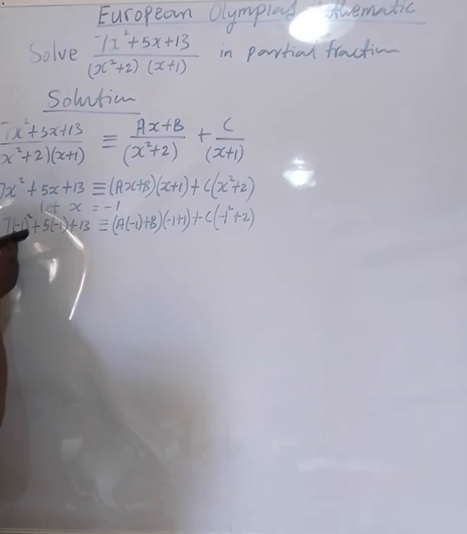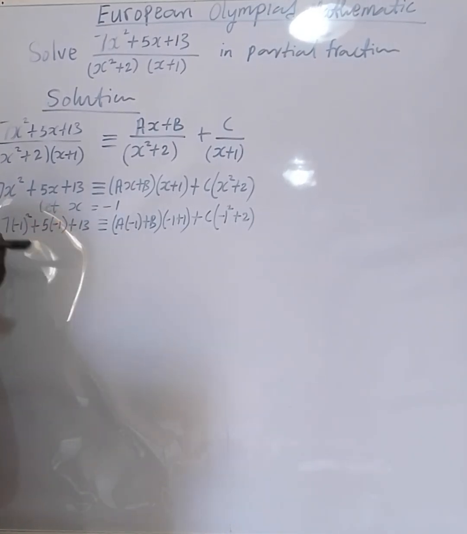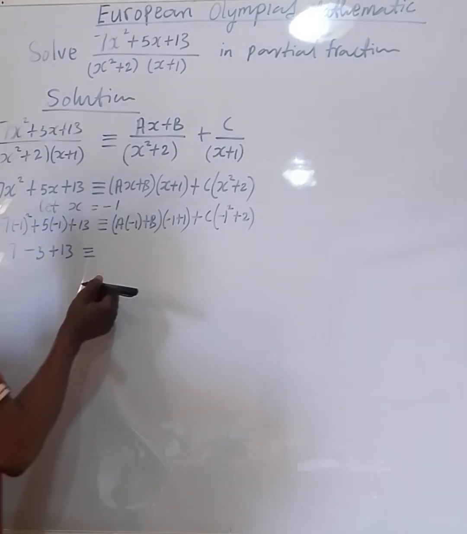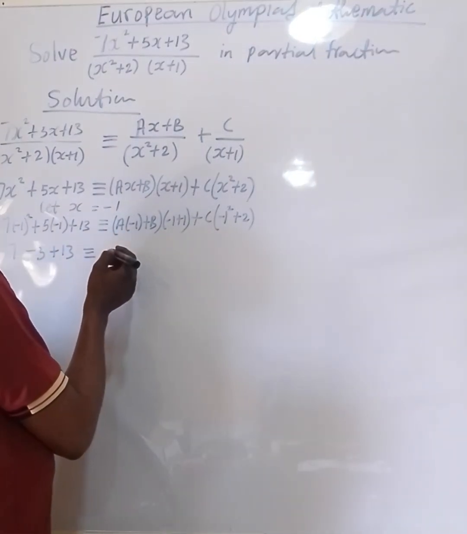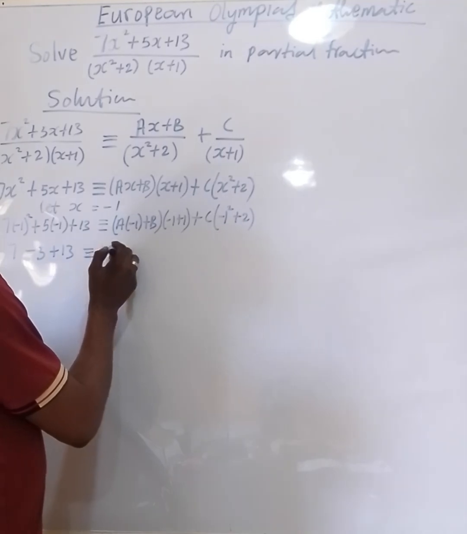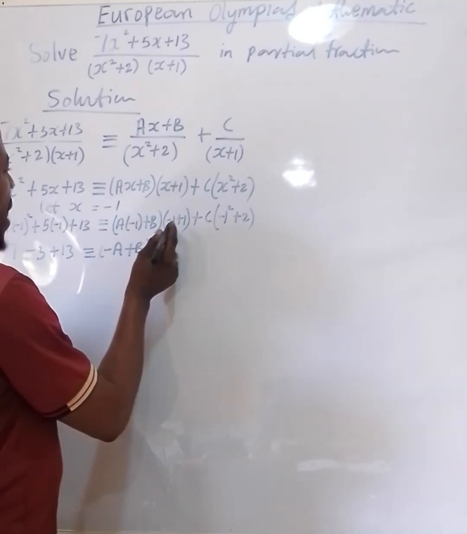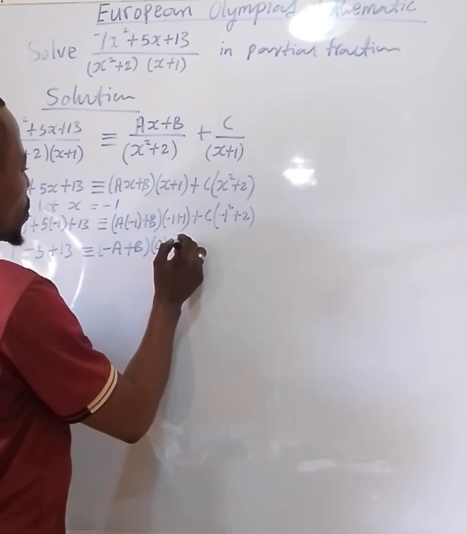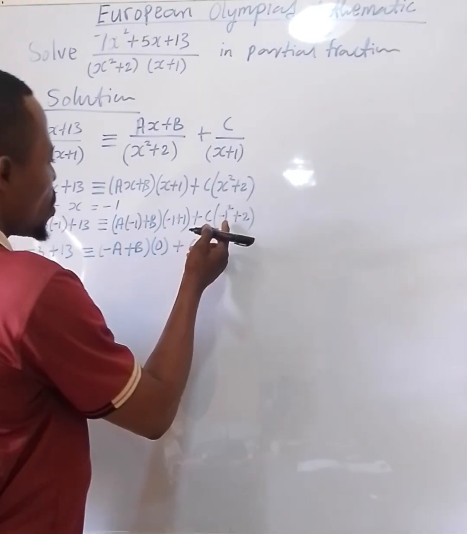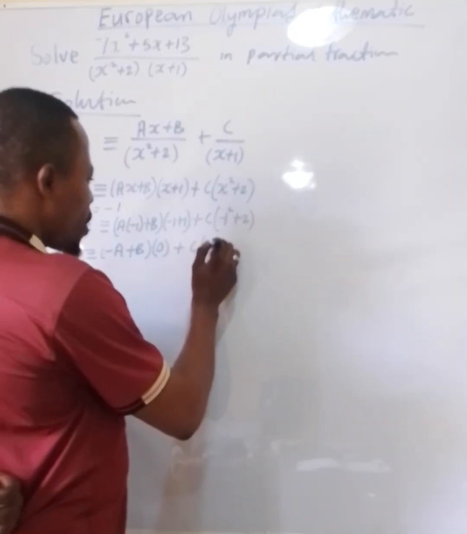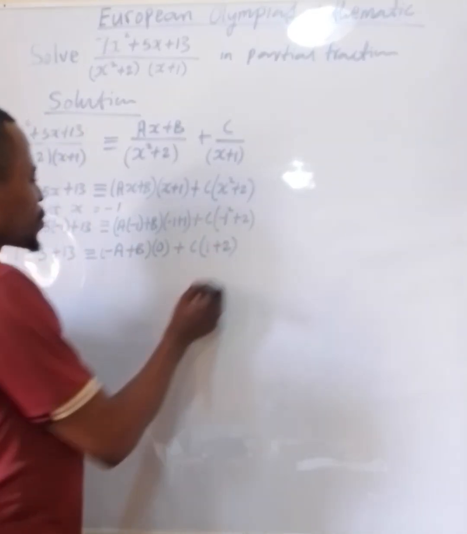So now, minus 1 times minus 1 will give us plus 1, 7 times plus 1, 7. Then 5 times minus 1, minus 5, plus 13 equivalent to a times minus 1 will give us minus a, plus b times (minus 1 plus 1), 0, plus c times (1 squared, meaning 1 times 1, minus 1 times minus 1 will give us plus 1) plus 2.